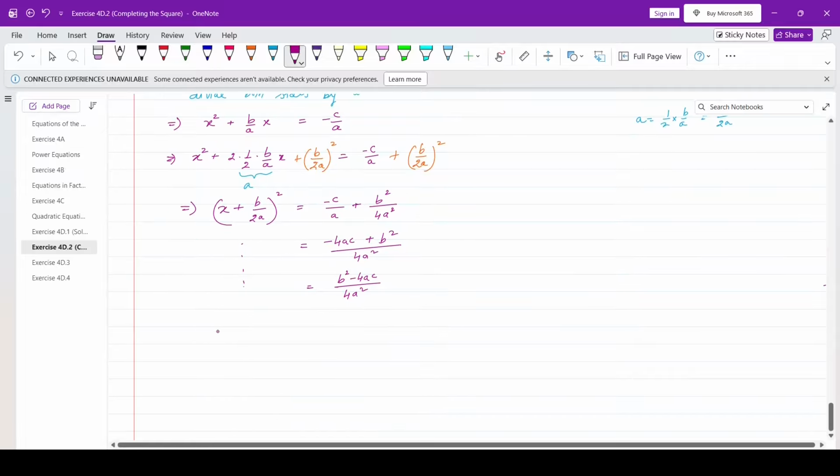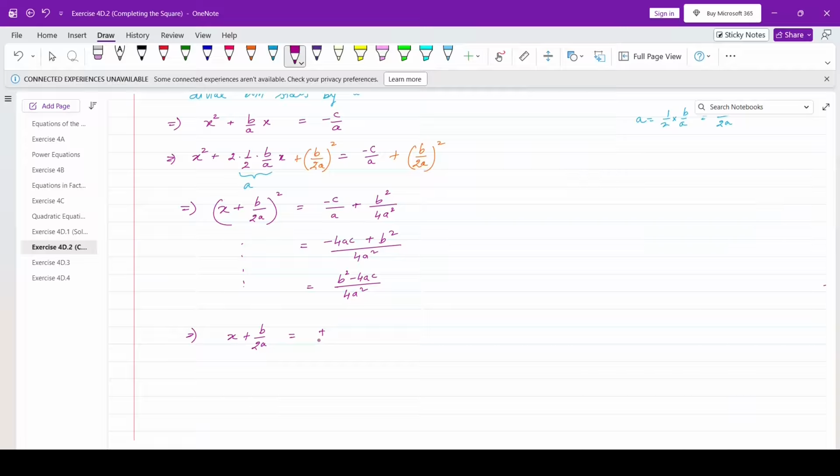This is equal to, now if we take the square root on the left hand side, x + b/2a, the term on the right is going to be plus or minus the square root of (b² - 4ac) divided by 4a². If we take the square root of the denominator term, that will be 2a. So we can rewrite it as plus or minus the square root of b² - 4ac divided by 2a.